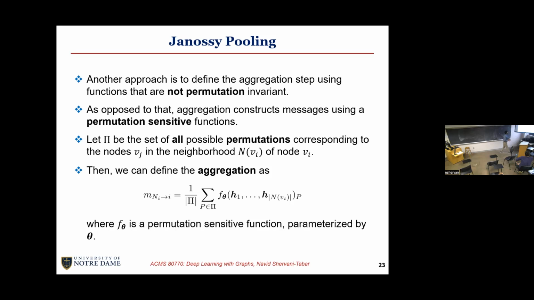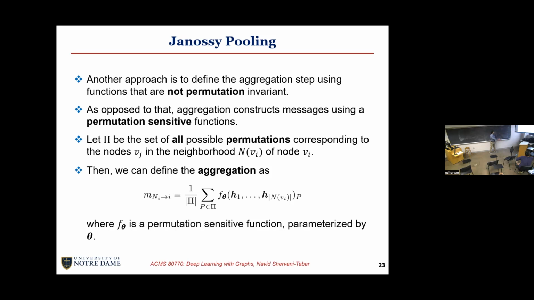And then I pass them in a sequence to a function f theta. The index p is showing the corresponding order of these nodes, so the corresponding permutation of these nodes. I'm writing it 1, 2, 3, but next time it is changing based on this permutation p, the order of these embeddings.